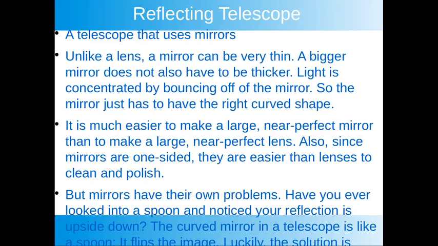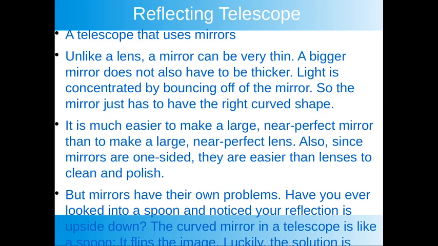No worry about the thickness or the aperture of mirrors. Actually, it is much easier to make a large near perfect mirror than to make a large near perfect lens. Also, as mirrors are one-sided, they are easier than lenses to clean and polish.